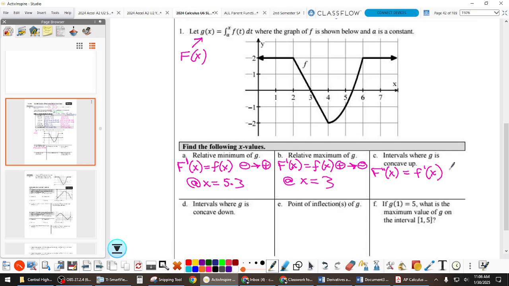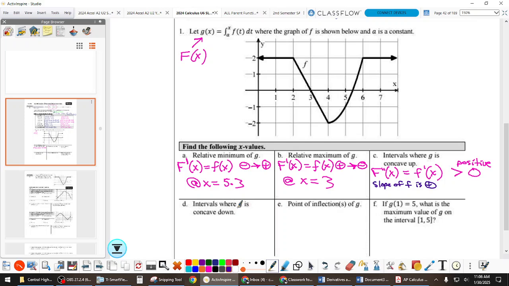So f. And what does it have to be for it to be concave up? Positive. Okay. So on this graph, what are we looking for? Where the slope is positive. Where the slope is increasing. Yeah, positive. Is it when it's increasing and positive?